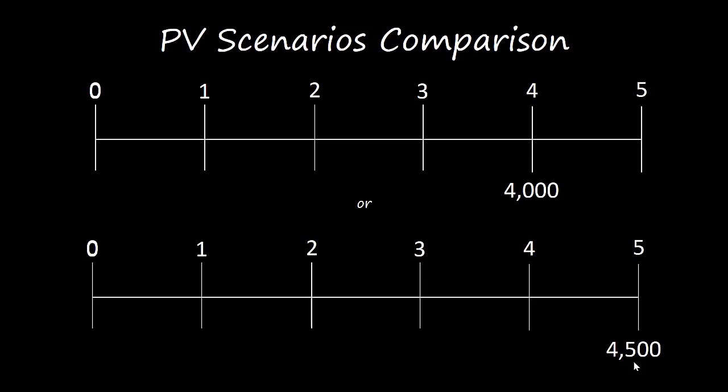So to compare these two options, we really need to calculate present value. In video 2, I will walk through the formula to calculate present value. In video 3, I will then walk through other tools you can use to calculate present value, such as Excel.